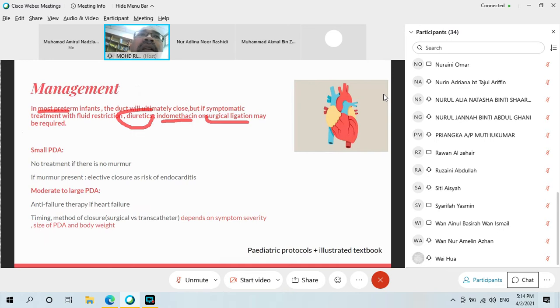I mean, there's no role of indomethacin, brufen or paracetamol to close PDA in term babies. This is only applicable for preterm babies, because the mechanism of PDA in preterm is different from term babies. In preterm, it is because of the immaturity of the receptors, so it cannot respond to the bradykinin and so on, so closure is delayed. So that's the point I want to emphasize.